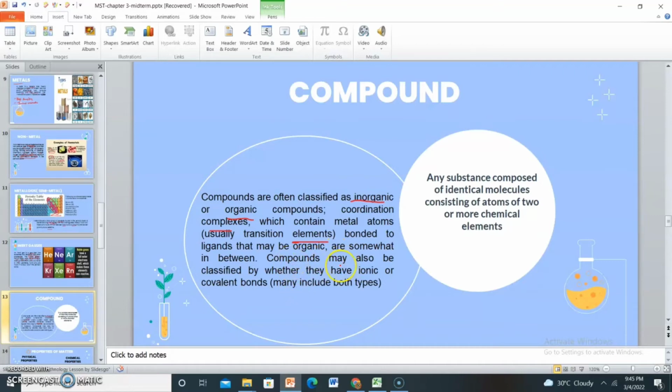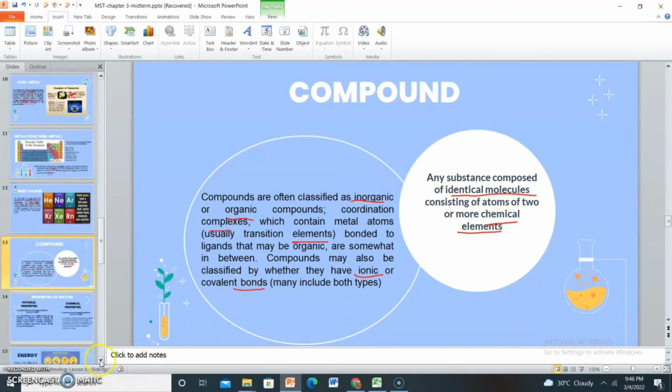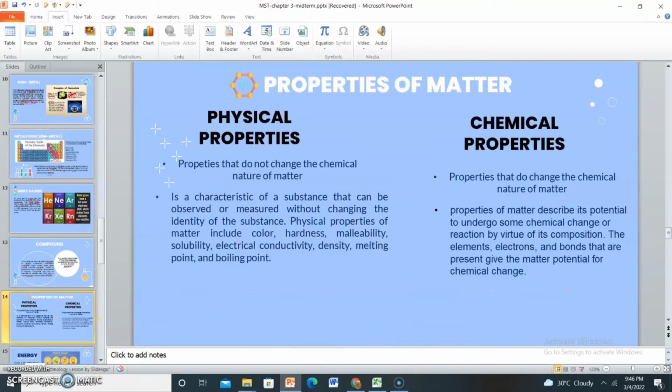Compounds are also classified whether ionic or covalent bonds. In chemistry, a compound is any substance composed of identical molecules consisting of atoms of two or more chemical elements. That is compound. So under the compound, properties of matter.